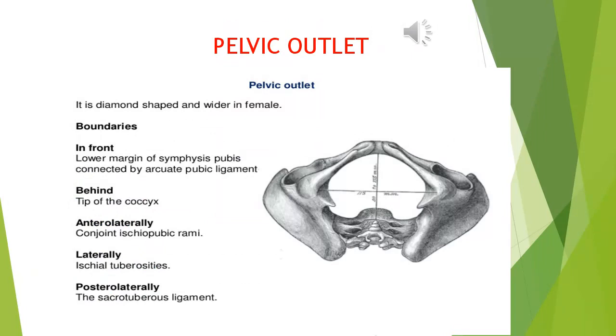The pelvic outlet is also called the inferior aperture of the pelvis. This pelvic outlet is bounded anteriorly by the arcuate or inferior pubic ligament. So in front there is the lower margin of the pubic symphysis, which is connected by means of the arcuate pubic ligament.